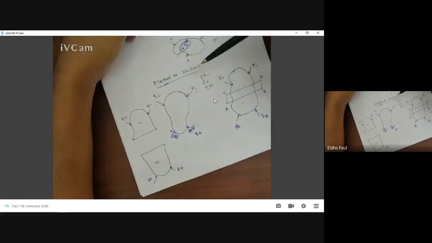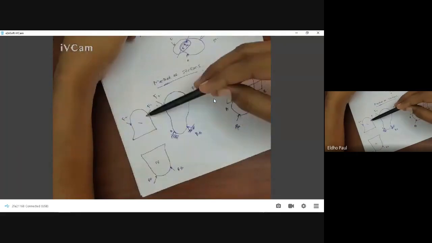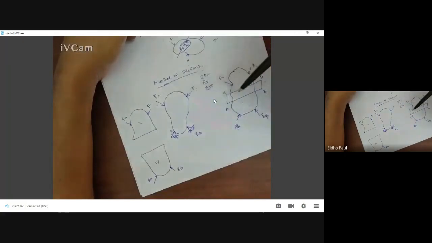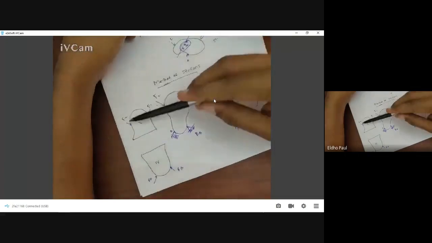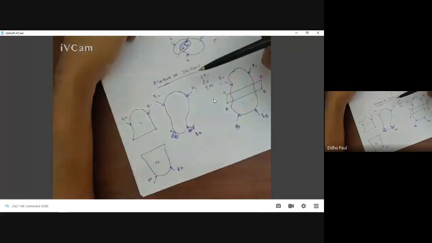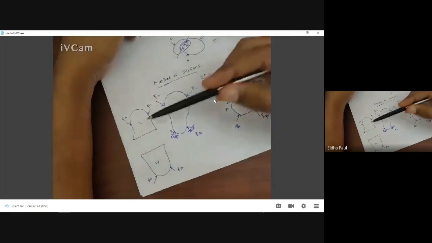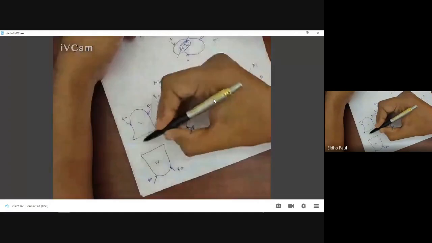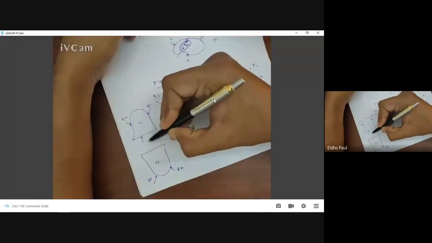But when I cut this body into two halves, there are only two forces, F1 and F2, which are unbalanced. Then how can we maintain the equilibrium of this part 1?